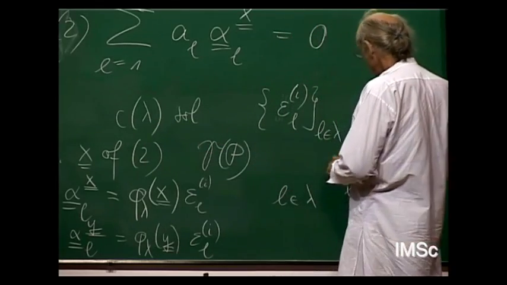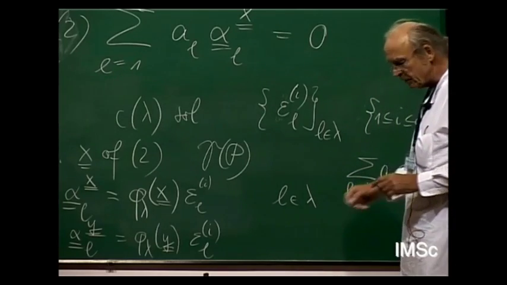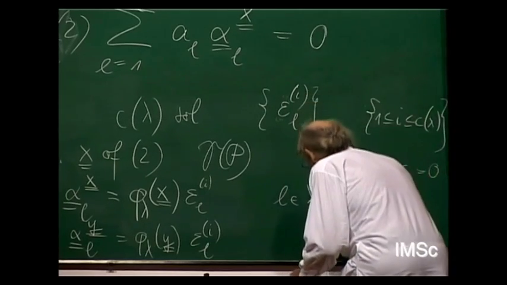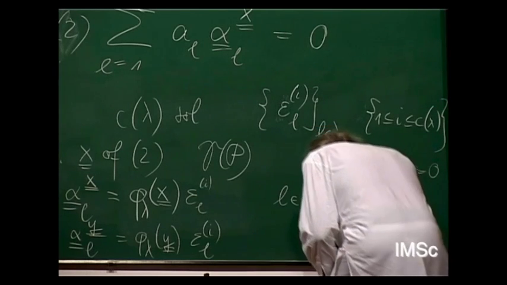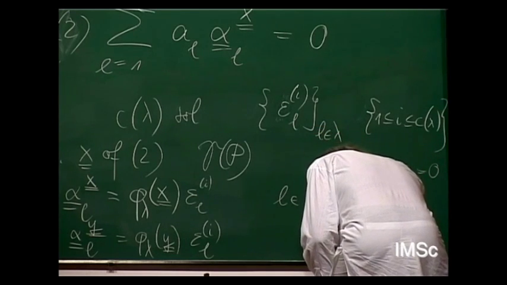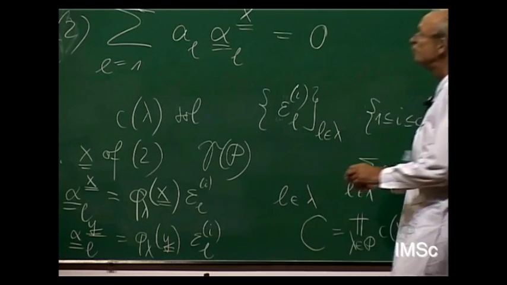So on the whole, if we take all the subsets of our partition into consideration, we get capital C equals the product over all lambda in our partition P of C of lambda solutions.